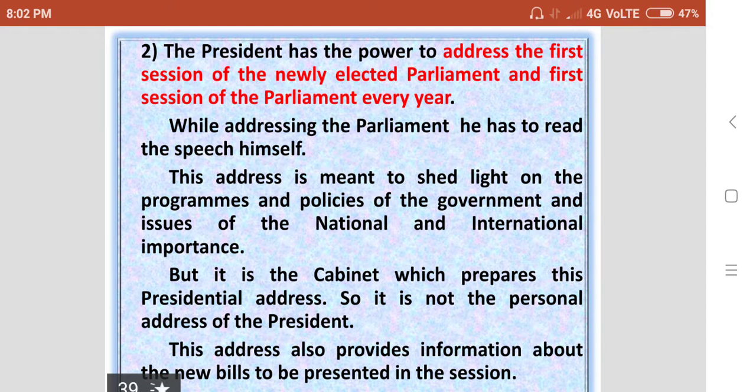But it is the cabinet which prepares this presidential address. So it is not the personal address of the president. This address also provides information about the new bills to be presented in the session.